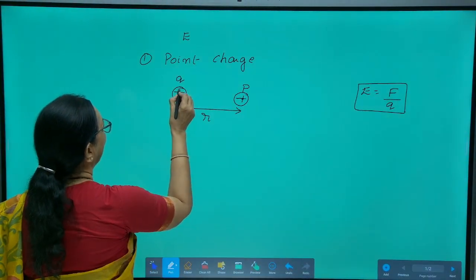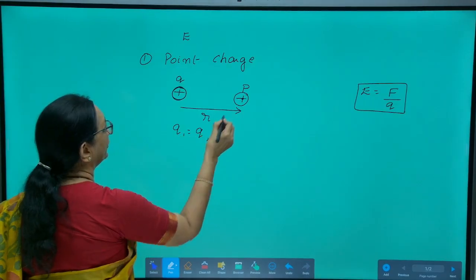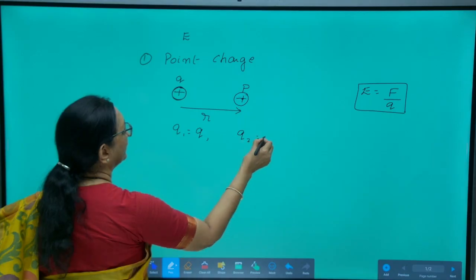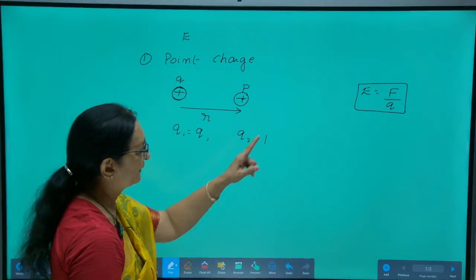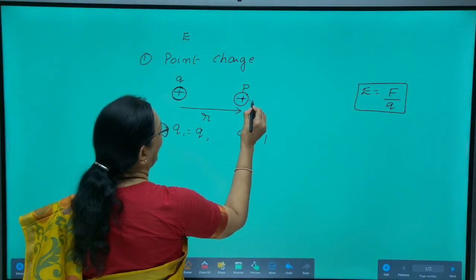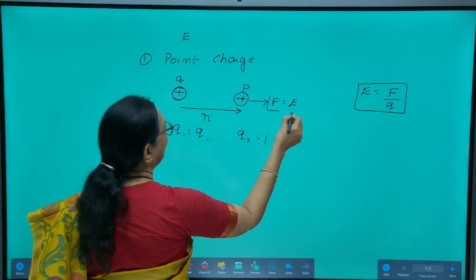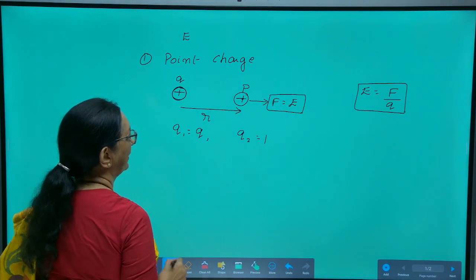Now, here let us take this charge Q1 equal to q and Q2 equal to 1. From definition, the force acting on this unit positive charge is nothing but the electric field intensity at that point.